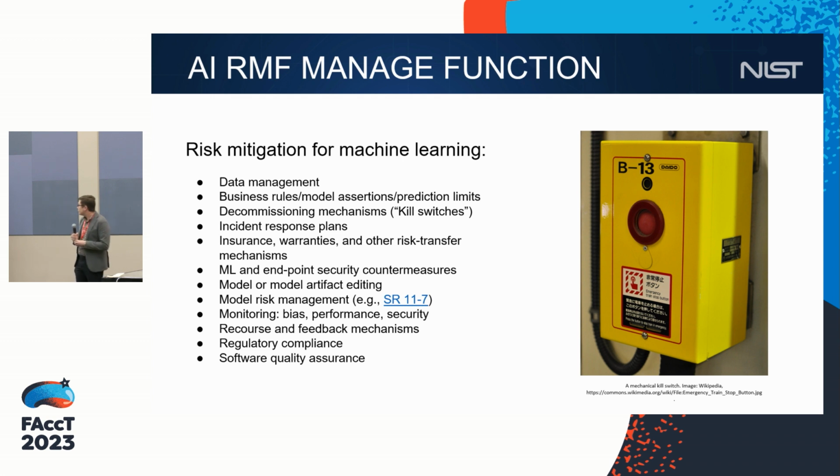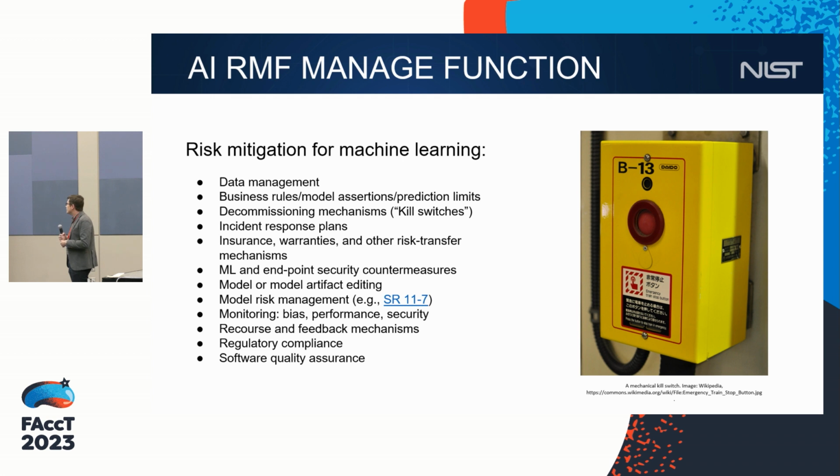So other things that we can do to sort of mitigate risk in machine learning is that we can use business rules. And if you want to feel fancier, you can call them model assertions. But for a long time, people have used business rules to sort of box in the predictions of probabilistic or stochastic systems, right?